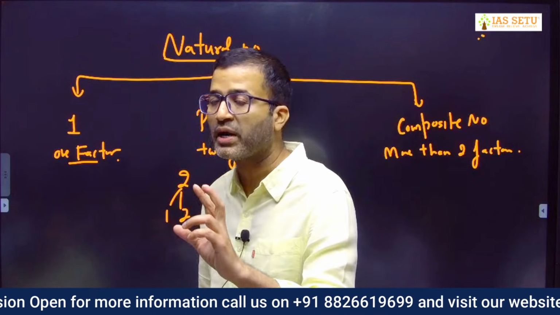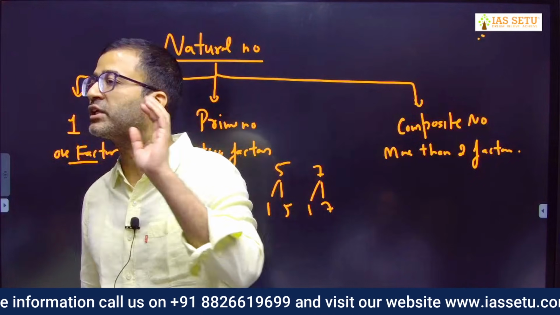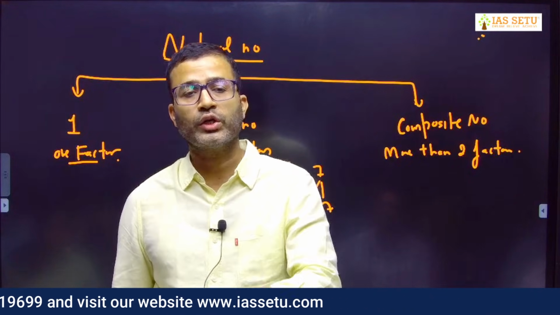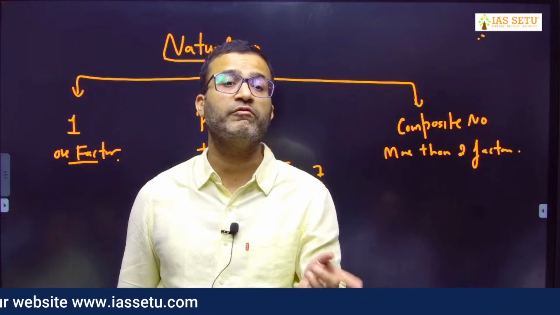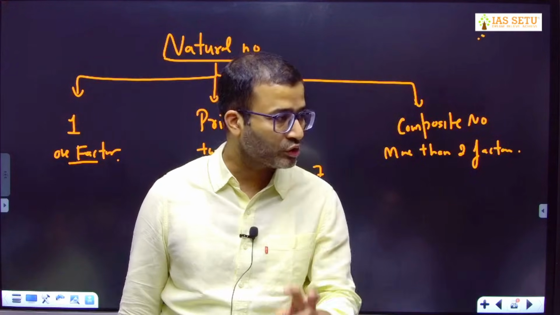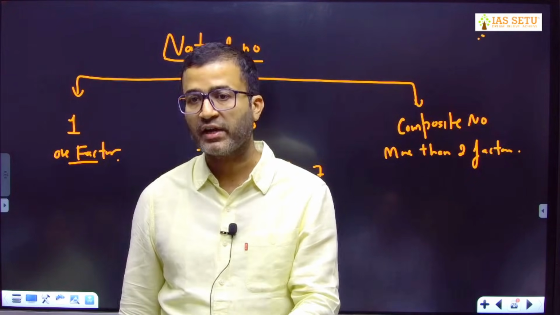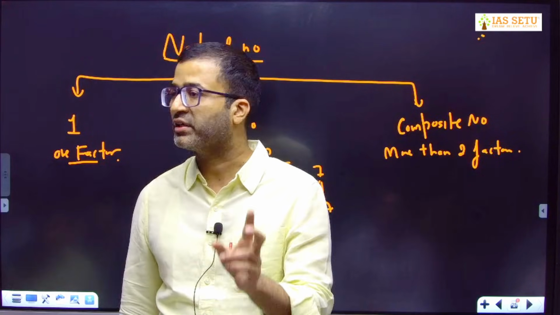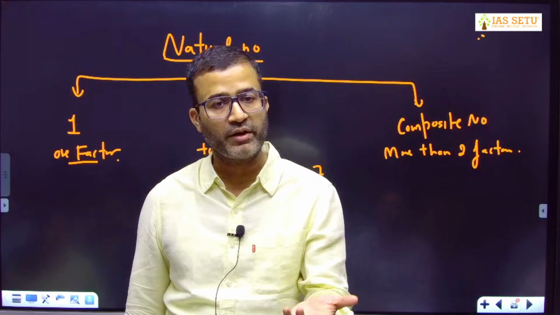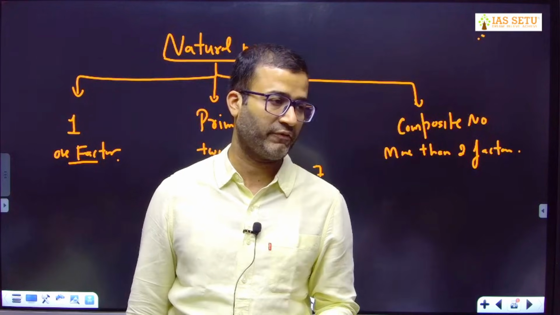Definition number 1, prime numbers are those natural numbers which have exactly two factors. यही स्टडी किया कुछ लोगों ने ये रटा कि prime numbers are those divisible by 1 and itself only. It means prime numbers are those natural numbers which have exactly two factors, and these two factors are nothing but 1 and itself only. So that's why that number is divisible by 1 and the number itself.